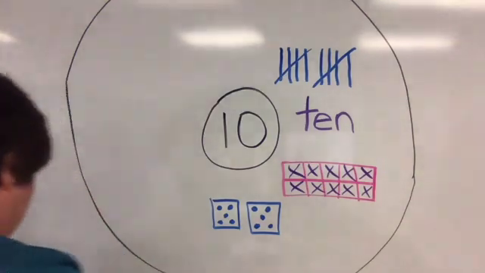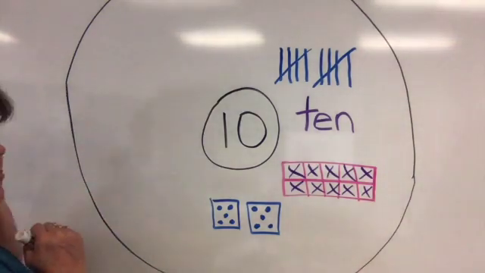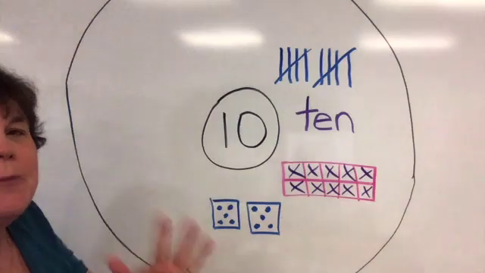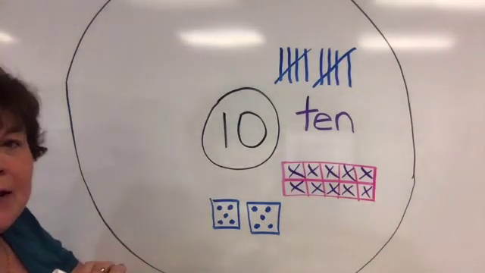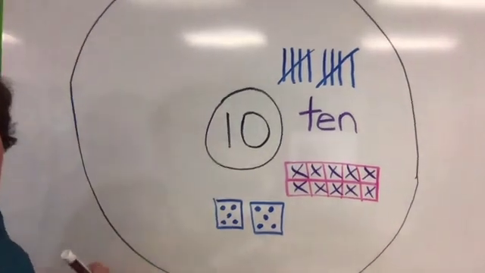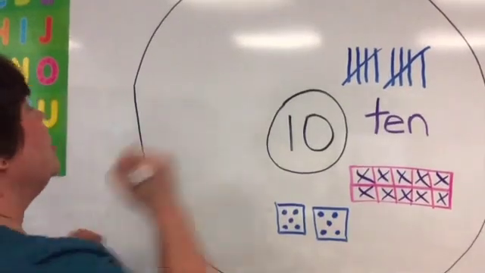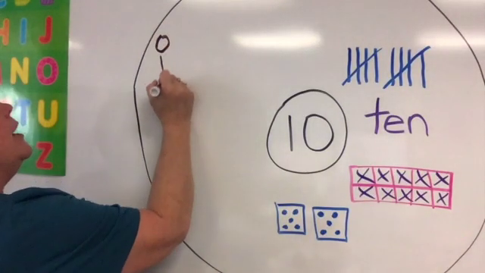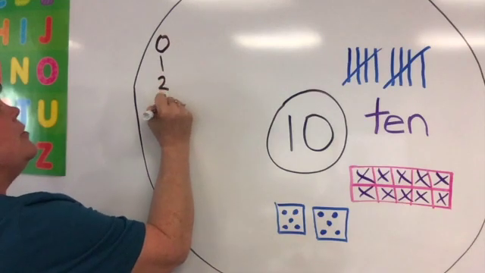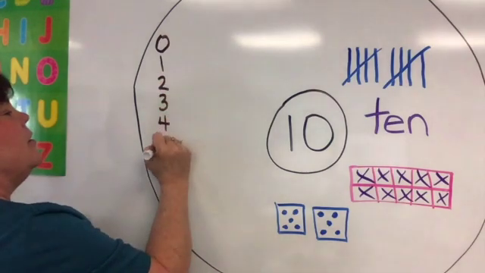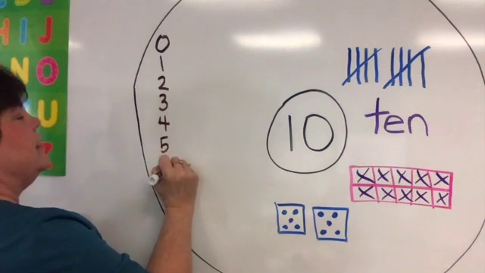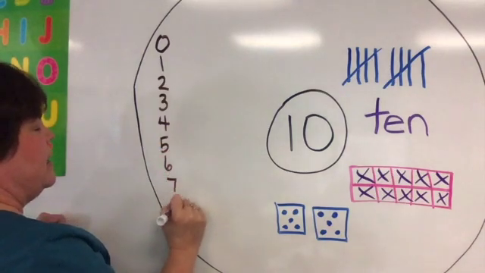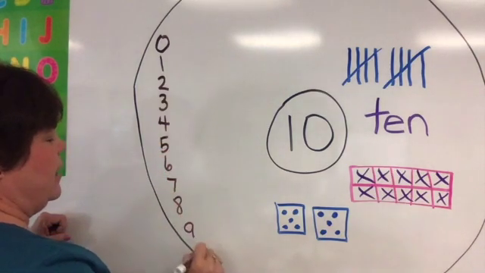Oh, well, that means that we could do addition problems, and there's so many ways to make 10 with our addition. So I'm going to show you a few here. I am going to write my numbers 0, 1, 2, 3, 4, 5, 6, 7, 8, 9, 10.